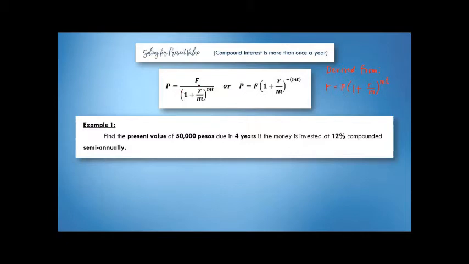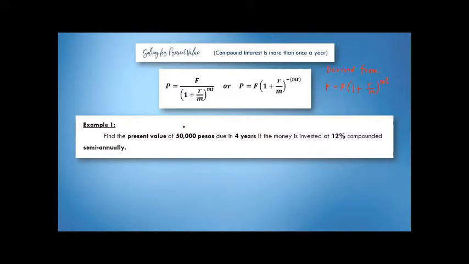P is equal to F over the quantity of 1 plus R over M raised to M times T. So, pag ito yung formula na gagamitin natin, positive yung M times T. Pero pag etong gagamitin natin, gusto natin nasa isang linya lang lahat sila, magiging negative yung MT natin. So it's like the reciprocal of this part, kaya naging negative.